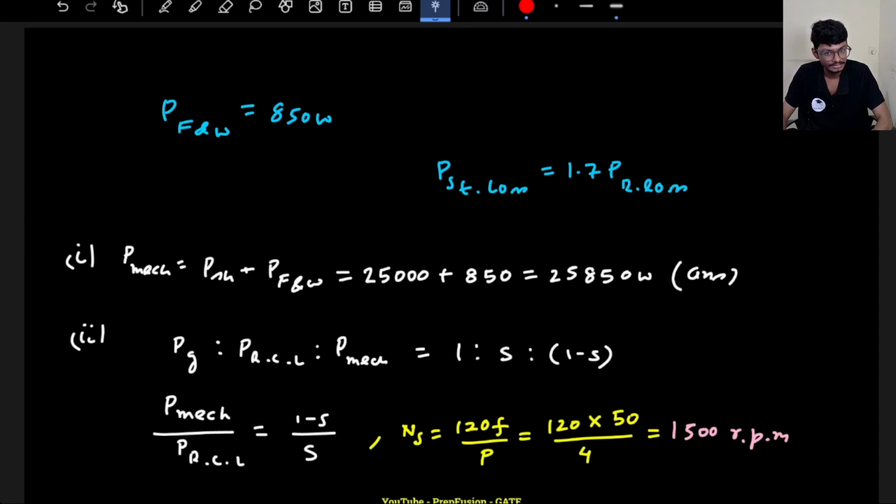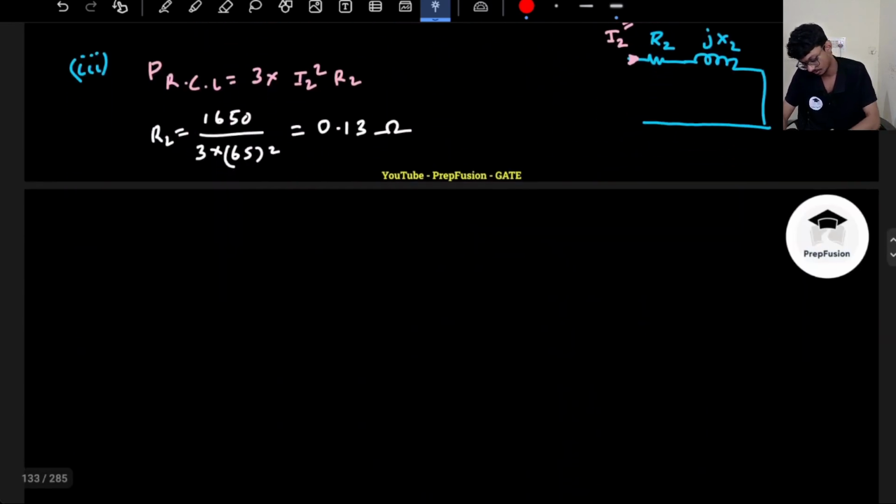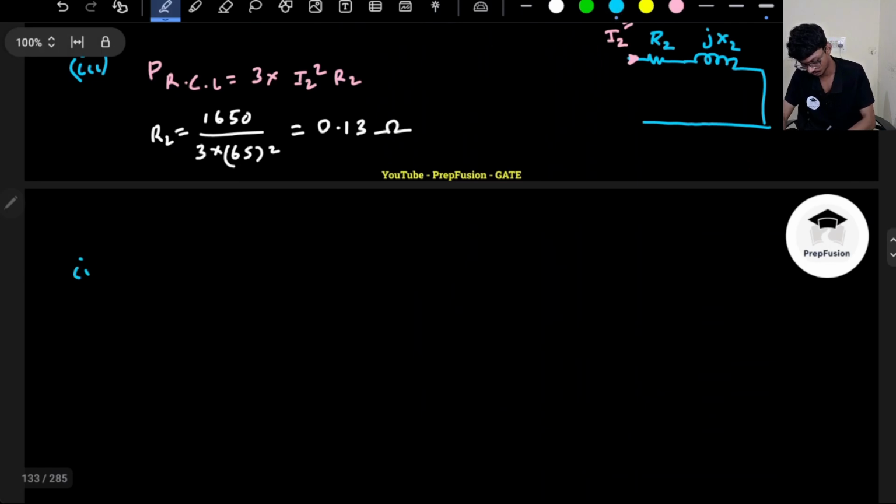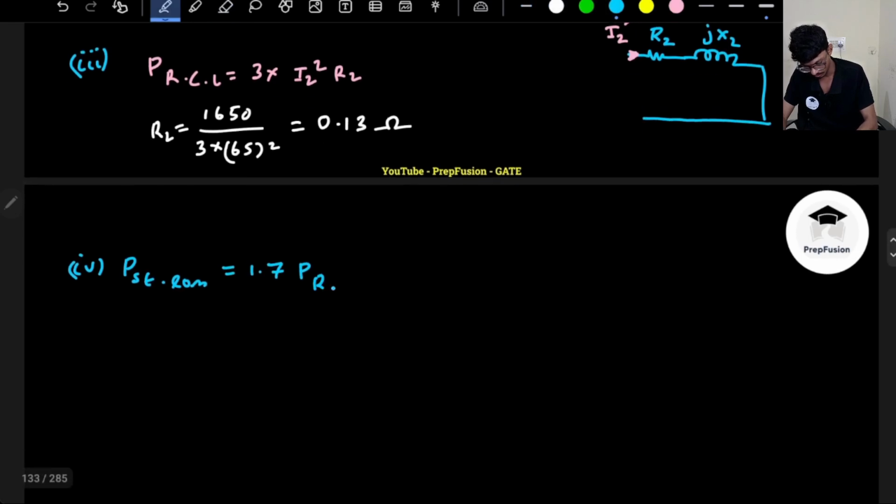So I can easily find out the stator losses. Stator losses will be equal to 1.7 into the rotor copper loss. That is the rotor loss, only that is the rotor loss. Basically, other loss is friction and windage loss, right? That is a mechanical loss.